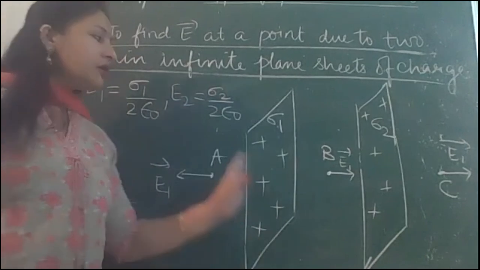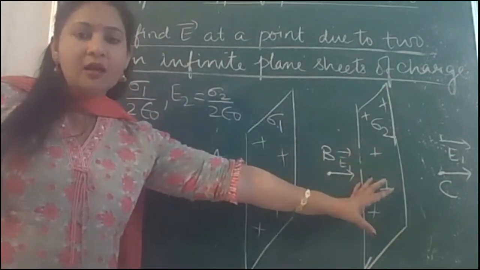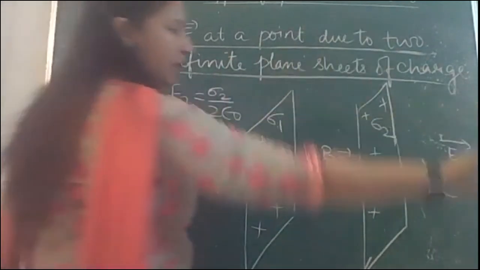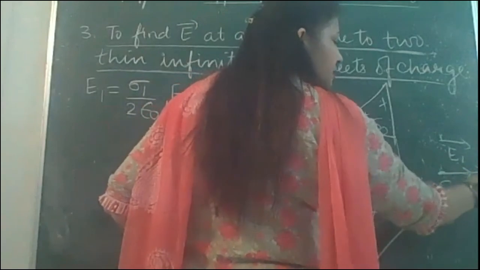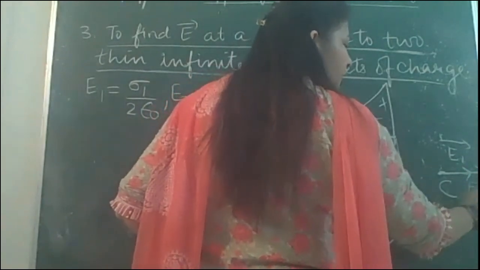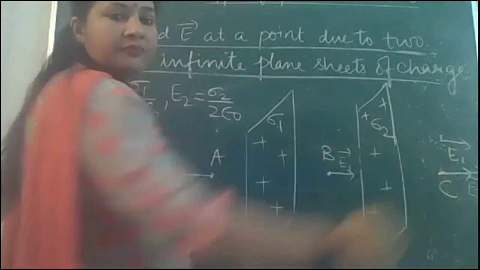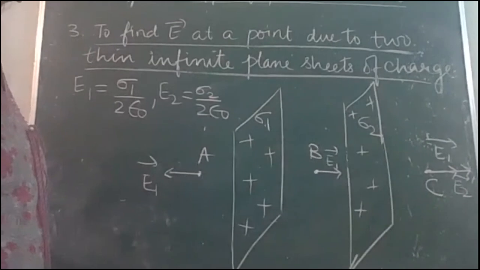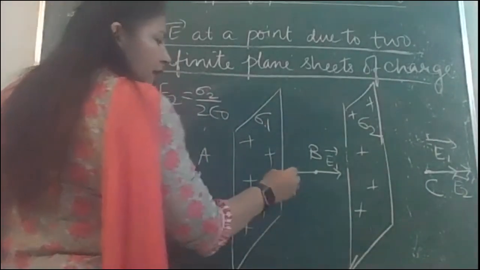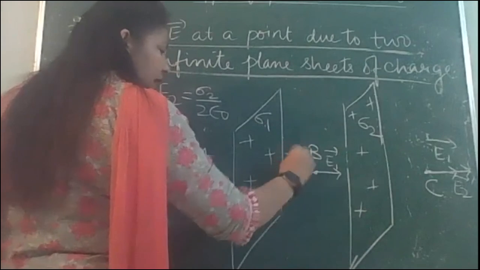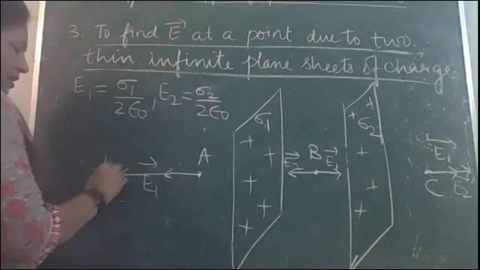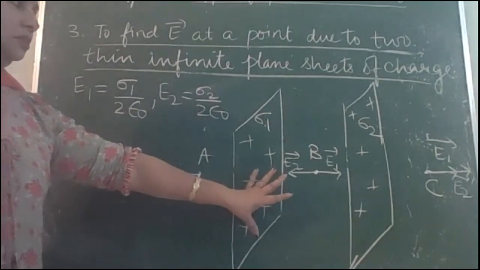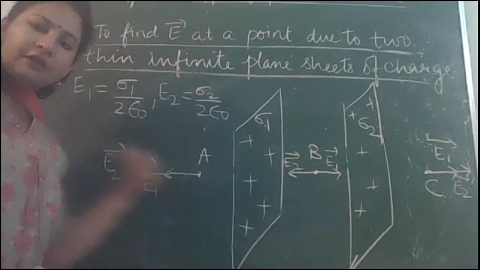Same way अब assume कर लो कि first sheet is absent, only second sheet is there. Let us mark the direction of E2 at points A, B and C. तो जो पॉइंट राइट पे है वहां पे again this will be the direction of electric field. E2 also will be in the same direction, repulsive. ठीक है, और B और A पॉइंट पे E2 will be repulsive like this. First sheet is absent, suppose. ठीक है, तो जो पॉइंट इसके लेफ्ट पे है वहां पे इलेक्ट्रिक फील्ड रिपल्सिव होगा.